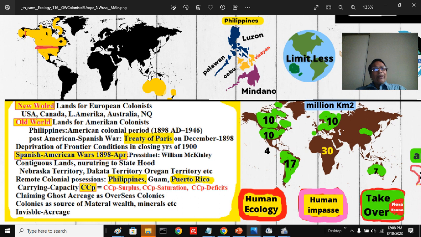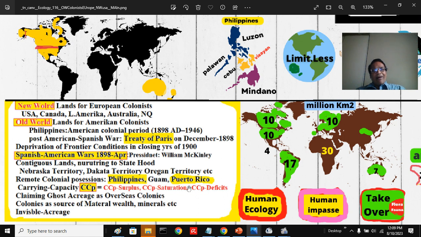Whereas the new acquisitions, thousands of kilometers away, could not be nurtured into statehood. These were essentially colonial possessions: the Philippines Archipelago, Guam, Puerto Rico. That means these old world territories which America obtained suffered from carrying capacity deficits, and they did not provide any additional carrying capacity surplus for American colonies.